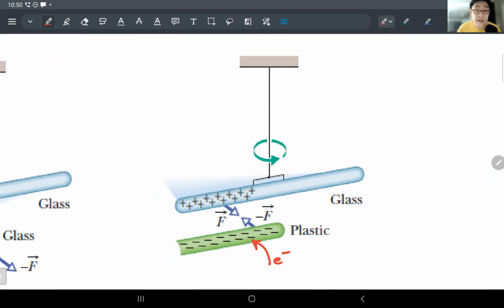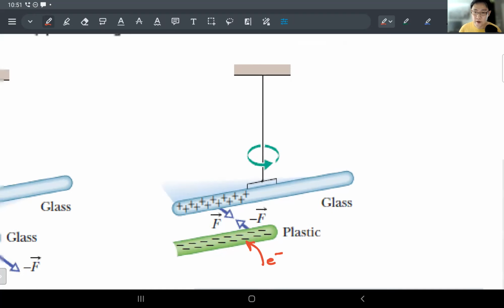So you get a net negative material. So that plastic can behave like a negatively charged material, and then it will interact with the positively charged material by having the attractive force. There you go.